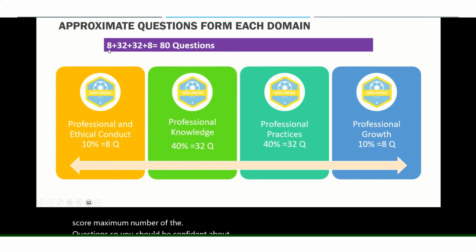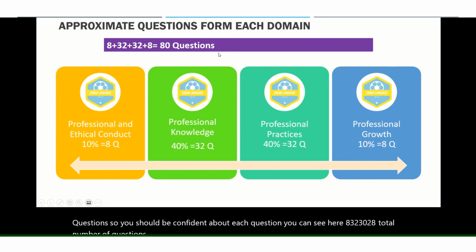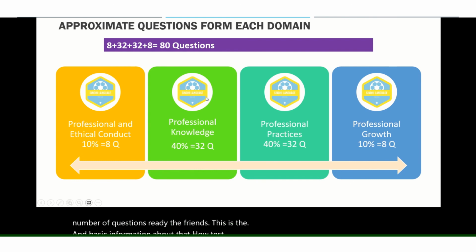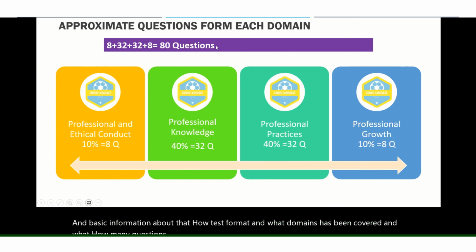You can see here 8, 32, 32, 8, the total number of questions. So friends, this is the basic information about the test format, what domains are covered, how many questions there are, and how the test format will be.